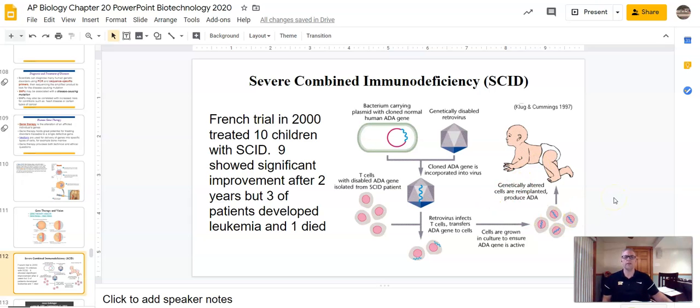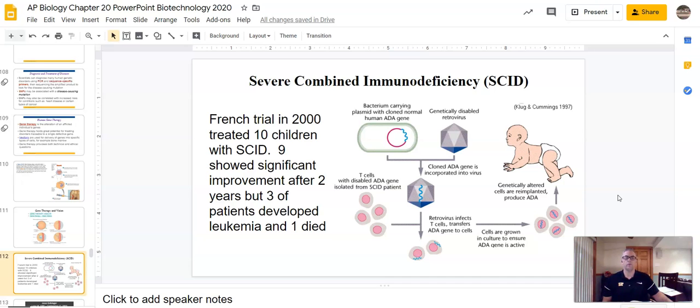One of the first times that there was evidence of success in this particular area of applying gene therapy was in a 2000 trial that took place over in France. And what they were doing is they were working with children that had severe combined immunodeficiency disorder, and they had a study group of 10 of these children.